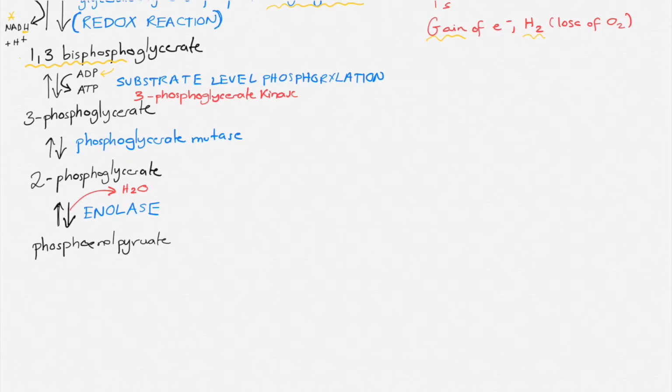Phosphoenol pyruvate can then go ahead and form pyruvate. Pyruvate is formed by an enzyme, very easy, called pyruvate kinase. And this is where ADP can then form ATP. So substrate level phosphorylation again. It's the same thing over and over again.